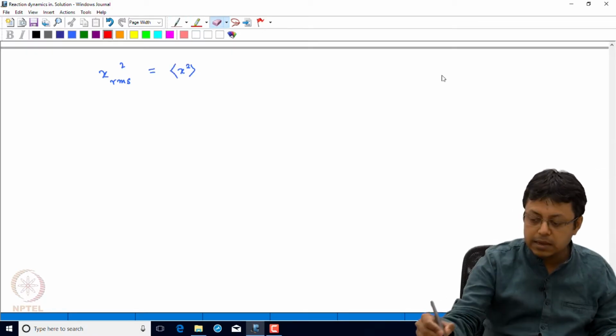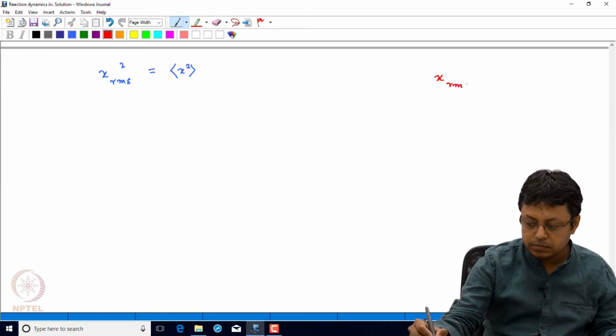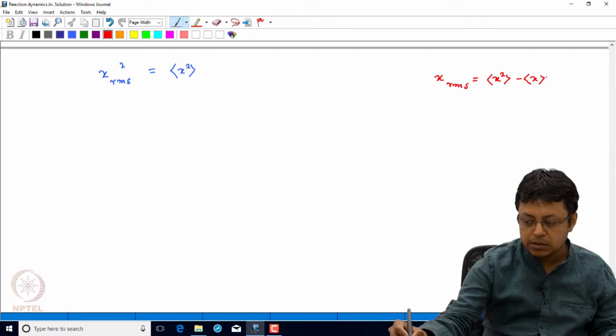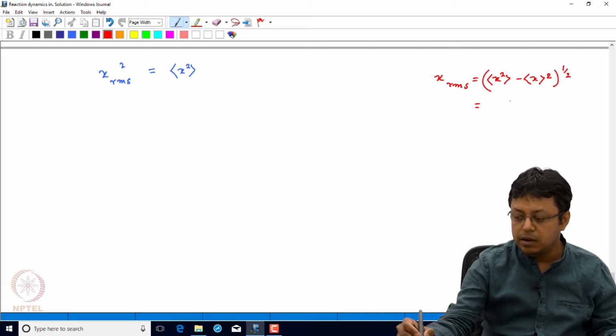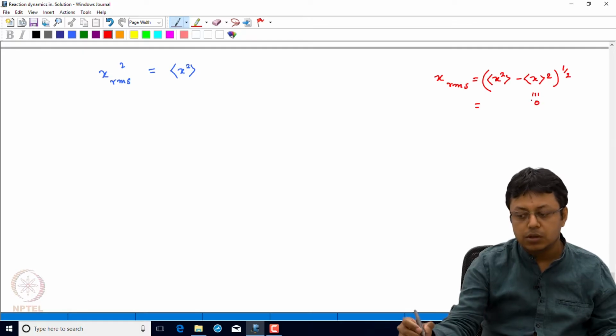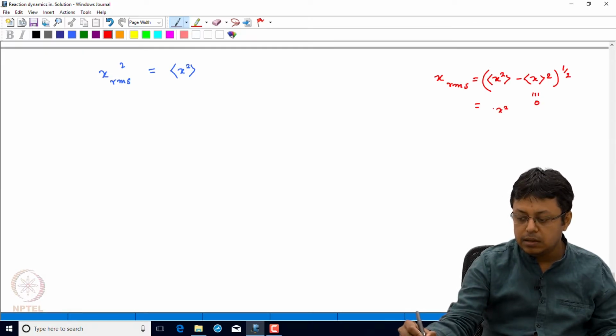In this case x RMS is the square root of x square average minus x average squared, but in this case the x average we are taking to be 0. So that is why it is nothing but the square root of the x square average.